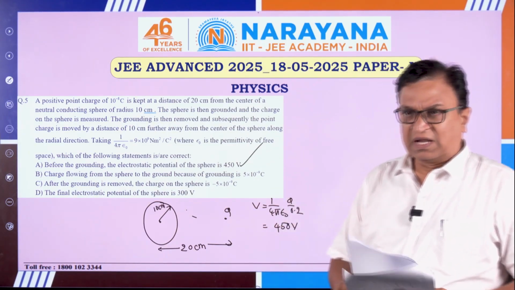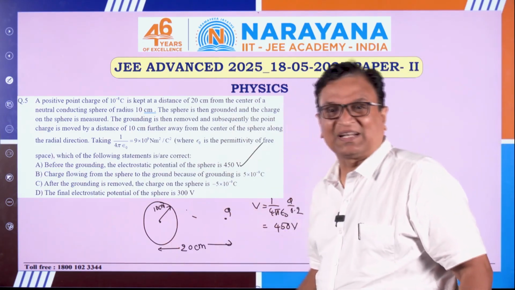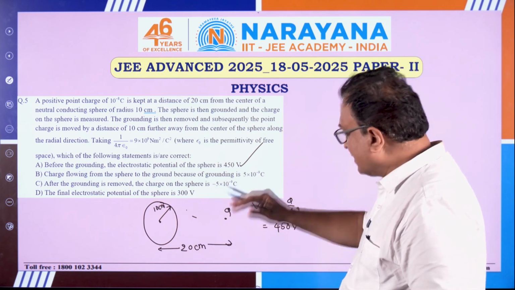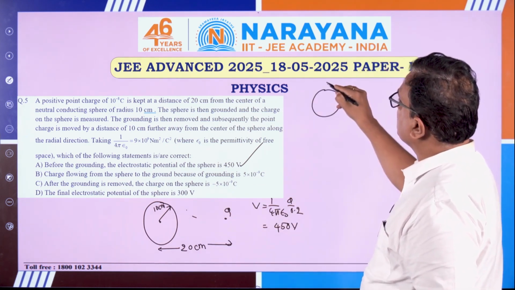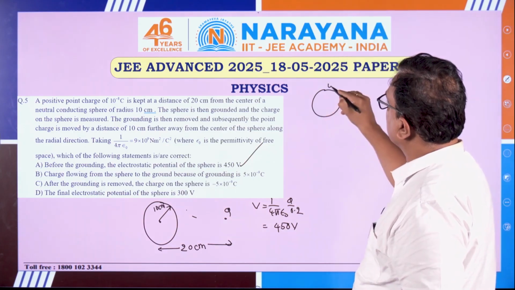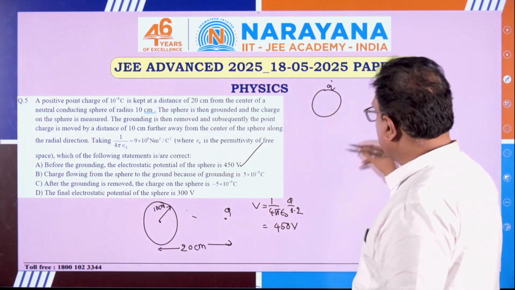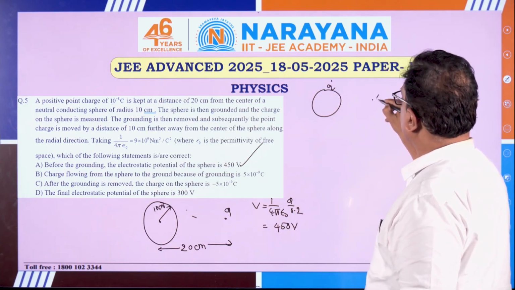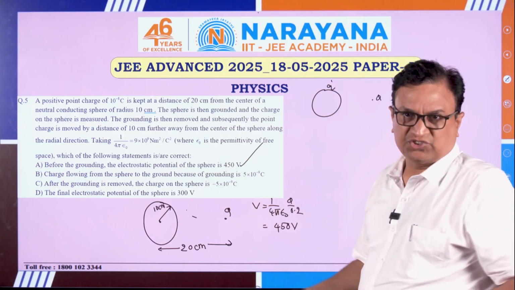Next. Remember, when you are connecting it to the ground, to make this zero potential, some charge will flow onto this, let that be some Q dash. Already your Q is still available here. So this combination should result in zero potential.